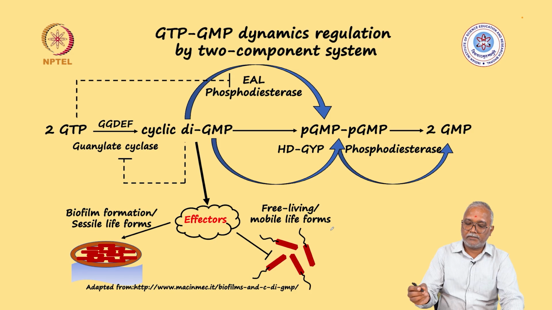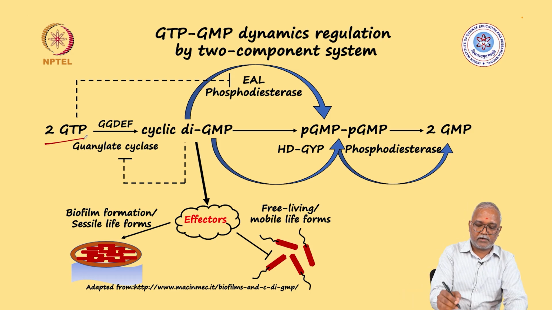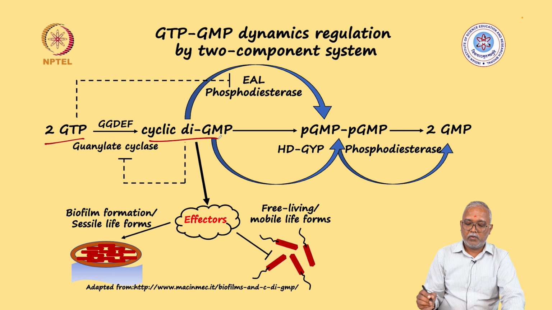So, basically what happens is that the GTP-GMP dynamics is being strongly regulated in response to the environmental cue. When there is some sort of threat to the environment, whether it is a nutritional threat or the presence of another microbe or maybe a parasite which may eat or feed on bacteria, this GTP is converted into cyclic di-GMP, which will be serving as a signal for these effector molecules.